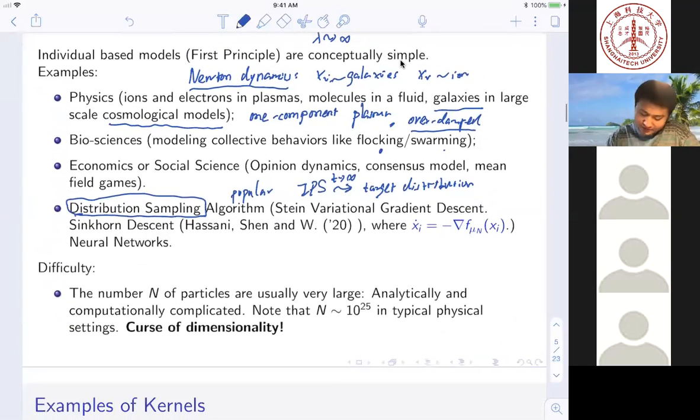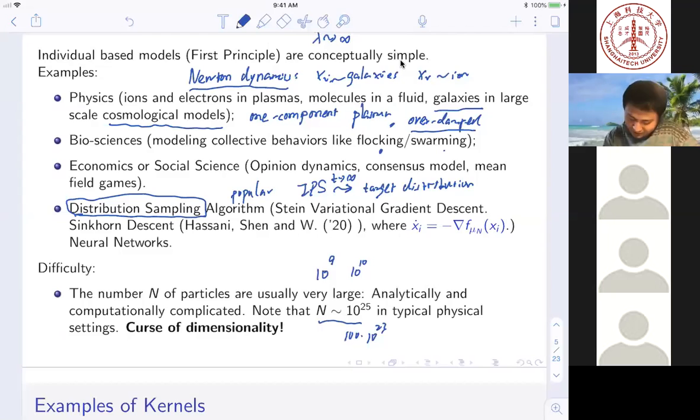Usually the number of particles is extremely large. In a physics setting, this is like 10 to the 25, which is very large. Even in population models, if you study the spread of coronavirus, the world population is in this order. So it's a very large number of particles. We cannot really study the particle system directly.